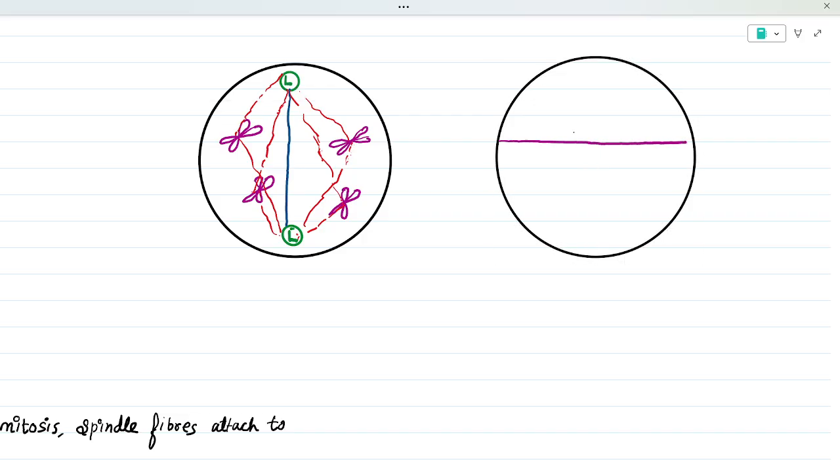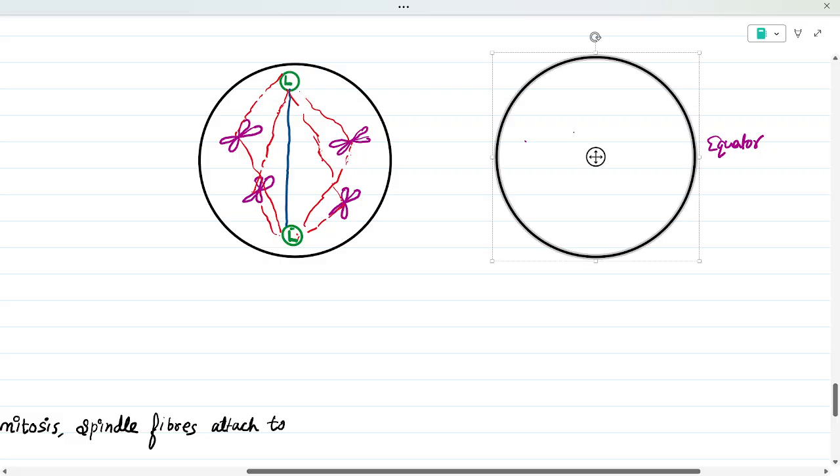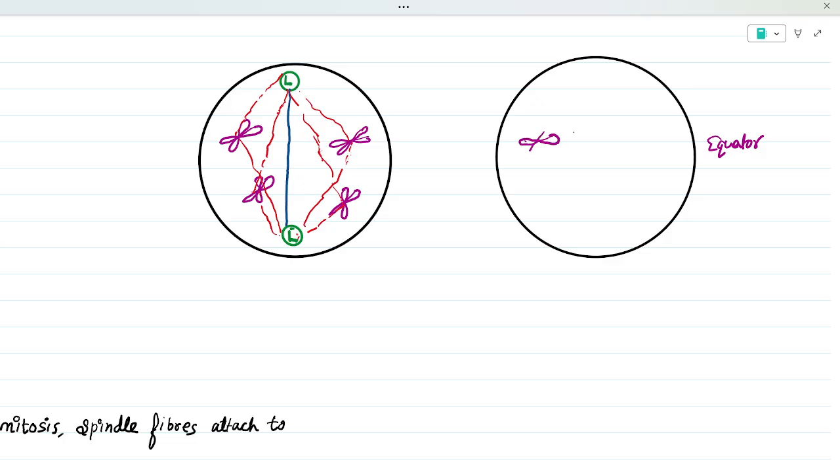This is the equator, and this perpendicular or vertical line is known as the pole. So here all the chromosomes get aligned horizontally.